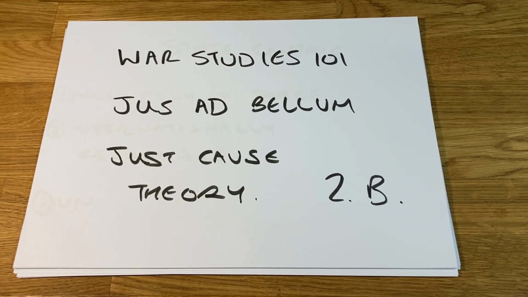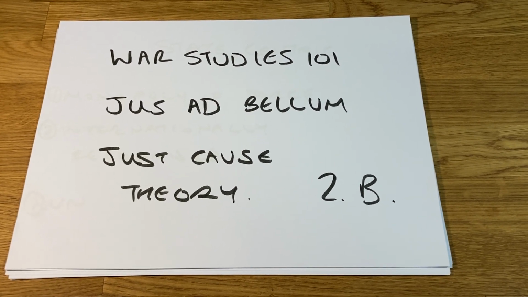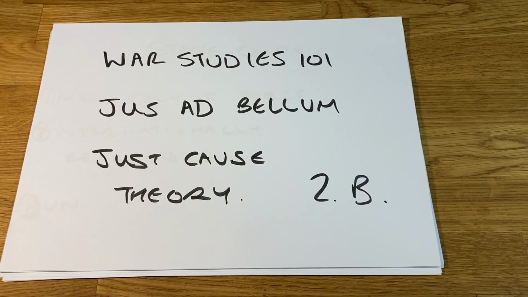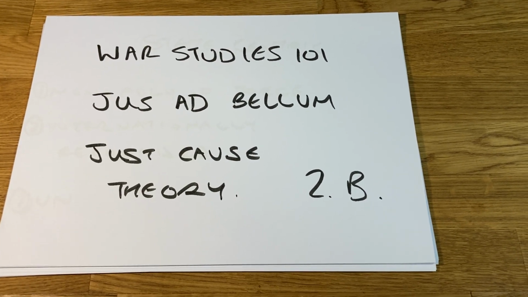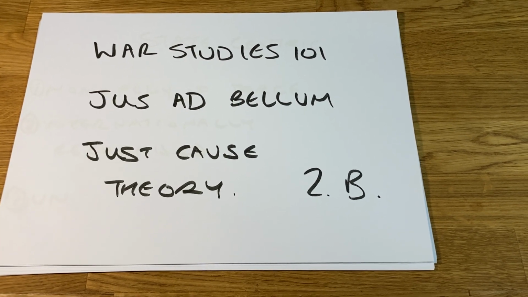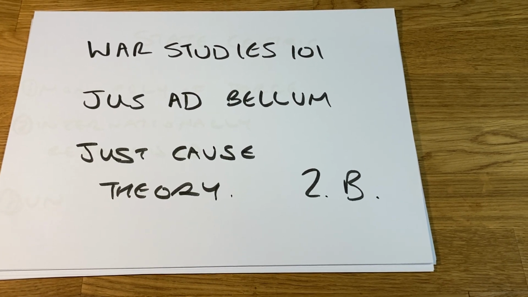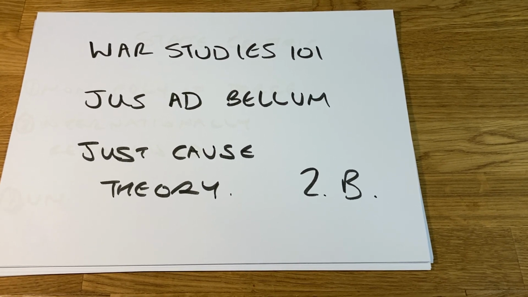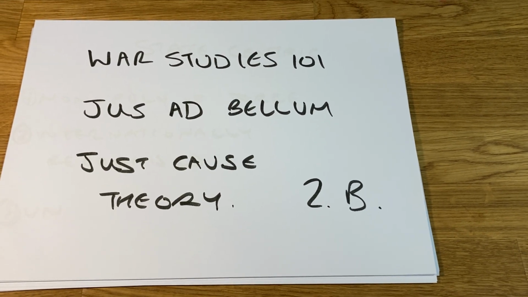History also has a very nasty habit of unearthing documents and materials which aren't available in the present but come out 50 or 100 years later based on declassification or accounts which are found via archaeology or testimony which weren't available at the time. So no historian will stake their colours to the mast. We will remain objective because we know that as historians, our views of what's happening now may be quite different in 50 years' time. So welcome to War Studies 101.